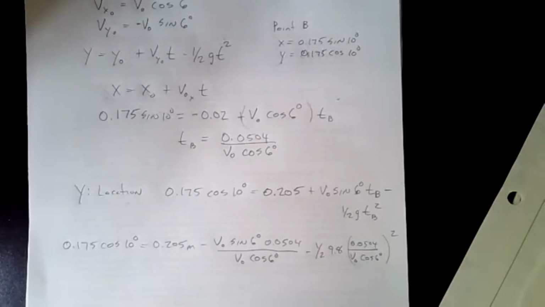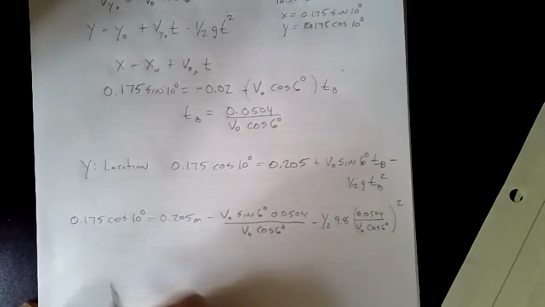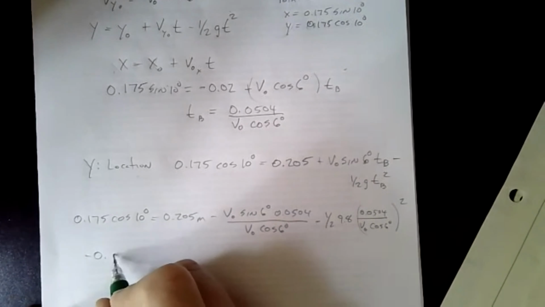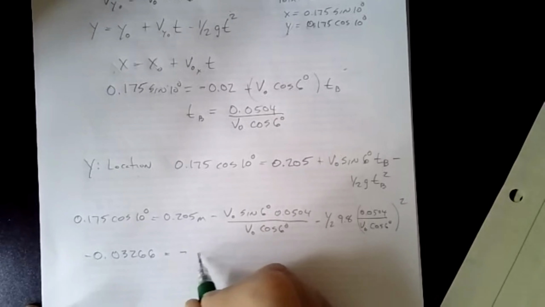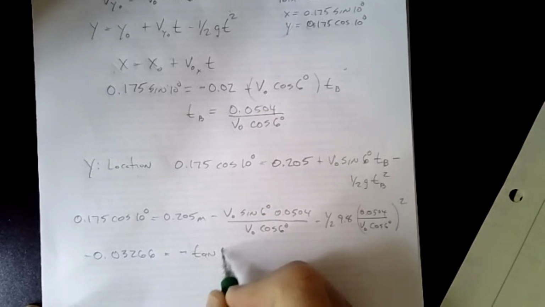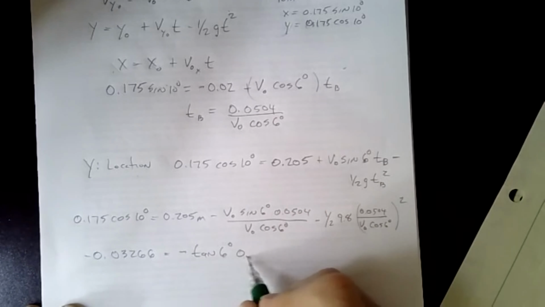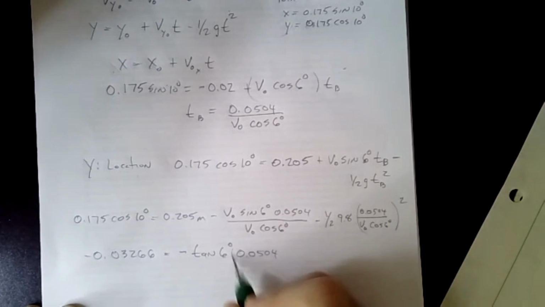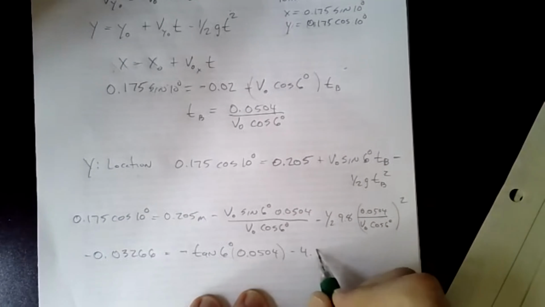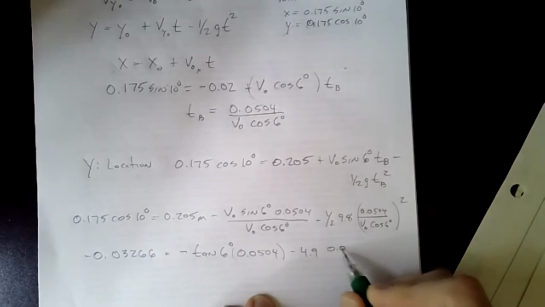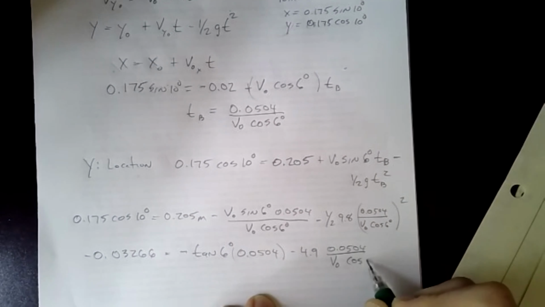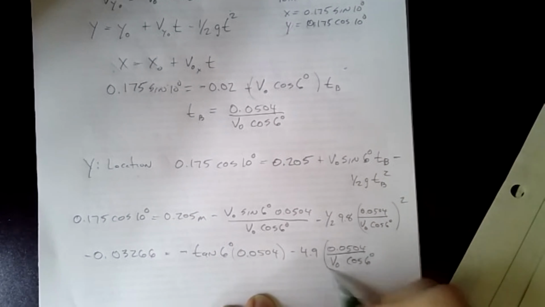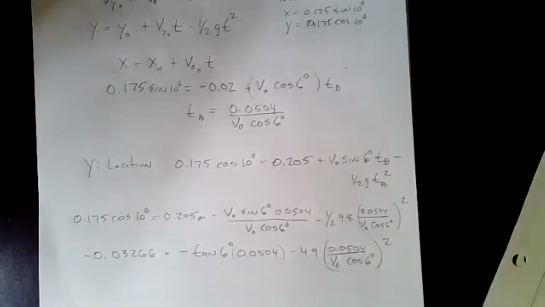Okay. If we simplify all this, we get negative 0.03266 equals negative tangent 6 degrees times 0.0504, minus 4.9 times 0.0504 all over V naught cosine 6 degrees, and that's all squared. Kind of ugly.